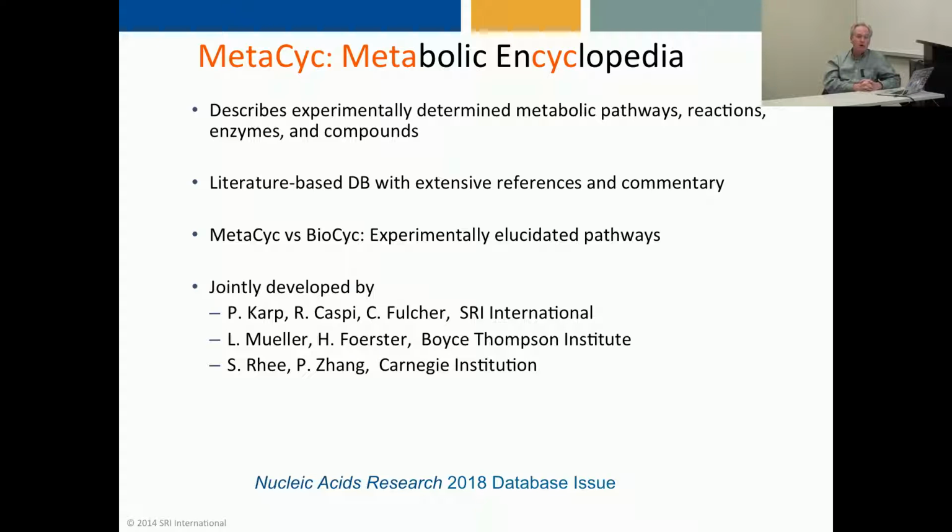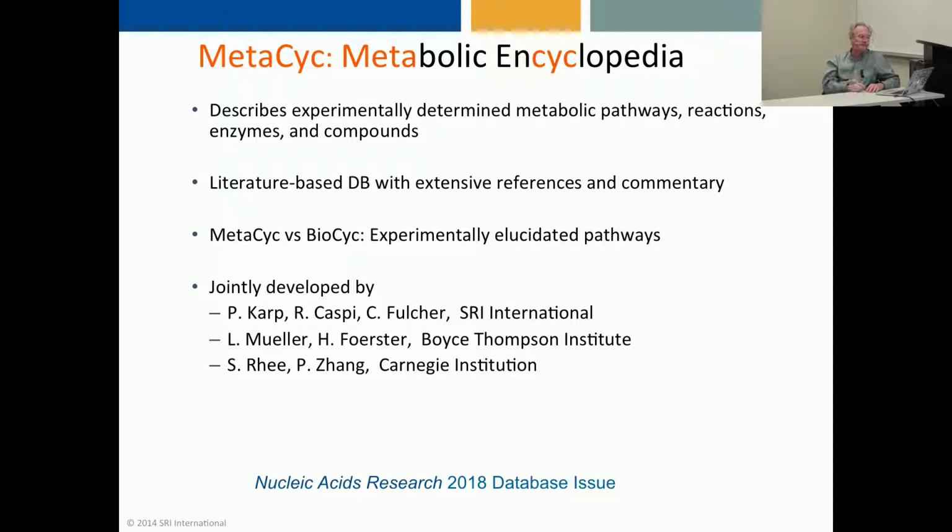So the vast majority of databases in BioCyc are like EcoCyc. They're databases that describe one organism whose DNA has been sequenced, and they serve as a knowledge reference source on that organism. But this one database, MetaCyc, is different from all of those other databases in that MetaCyc is kind of a universal metabolic pathway database whose goal is to describe metabolic reactions and pathways and metabolites from all domains of life.